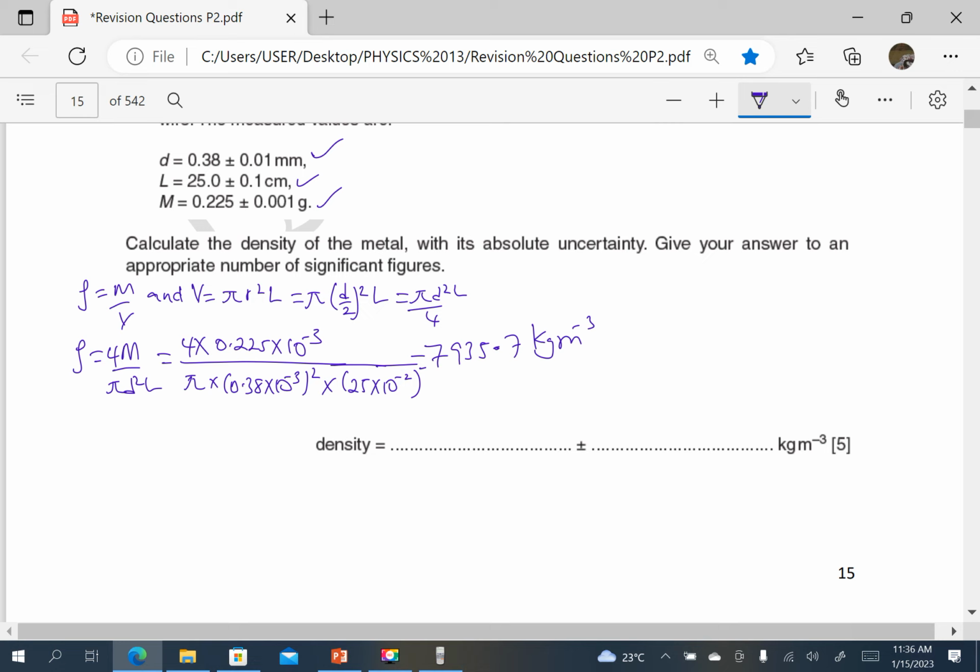We now want the uncertainty. So the reason why I had to bring in D is to make finding uncertainty easy.